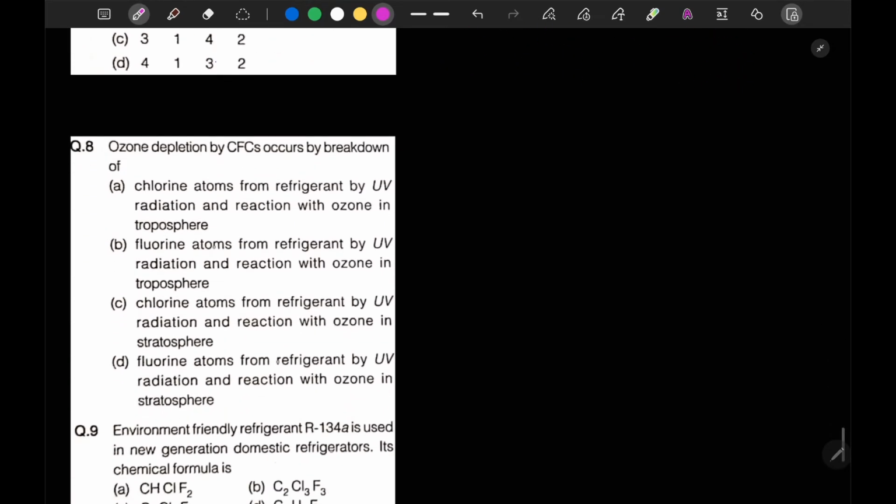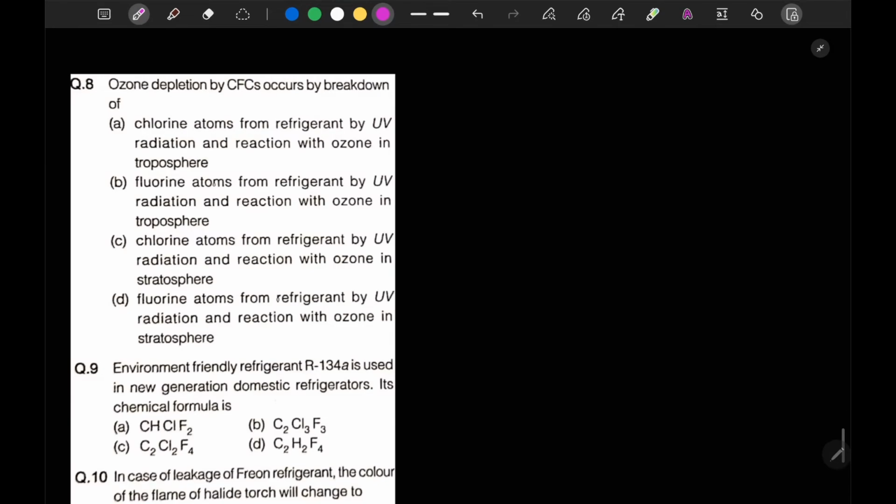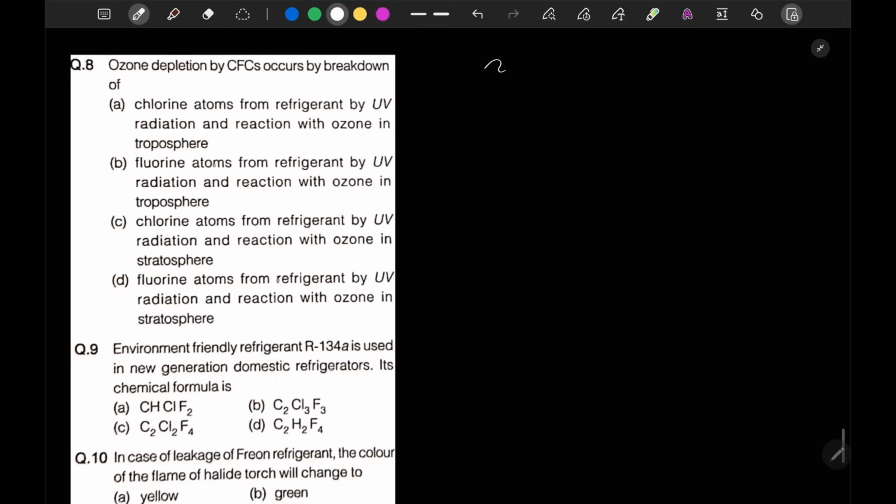Okay, now next question is asked: ozone depletion by CFCs occurs by breakdown of chlorine atom from refrigerant by UV radiation and reaction with ozone in the troposphere. Chlorine atoms from refrigerant. So if we talk about ozone depletion, there are certain reactions which happen.